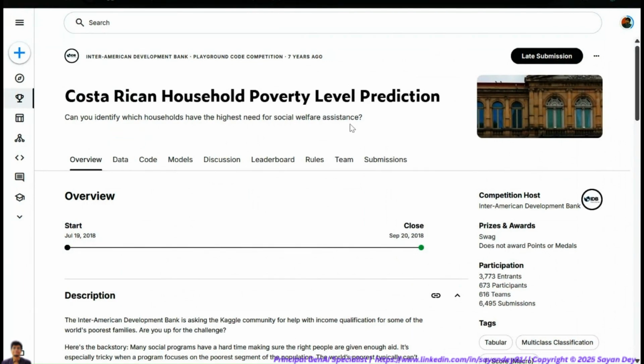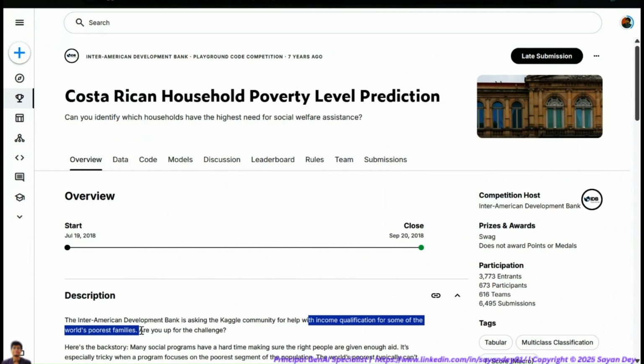It's a very social use case, and the objective is to identify, based on the different features of the household, which are the poorest families, basically. Okay, you can see the Inter-American Development Bank is asking the Kaggle community for help with the income qualification for some of the world's poorest families.